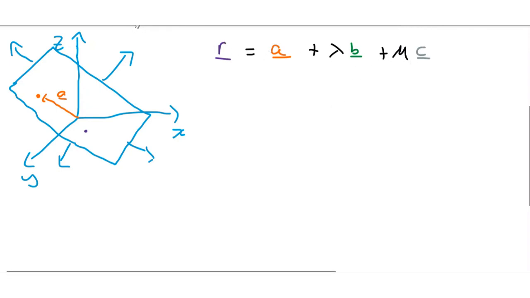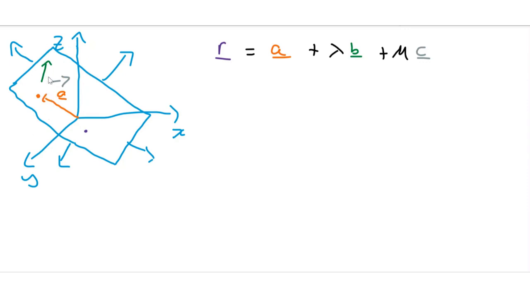Well, any two vectors that are non-parallel with each other. Okay, so this could be b and this could be c. And the point is that they have to be non-parallel, and if they're non-parallel, we can use them once we're on the plane to cycle to any point in the plane.